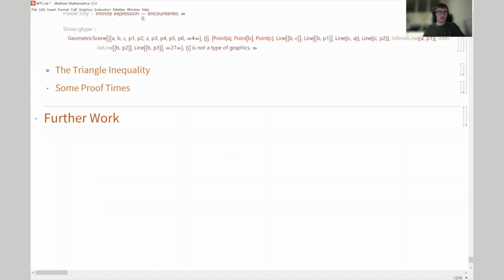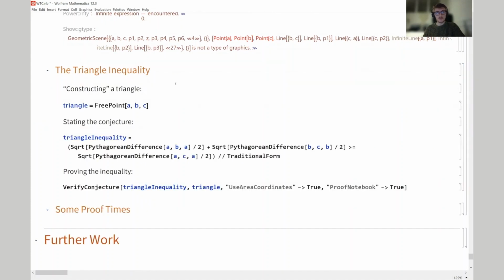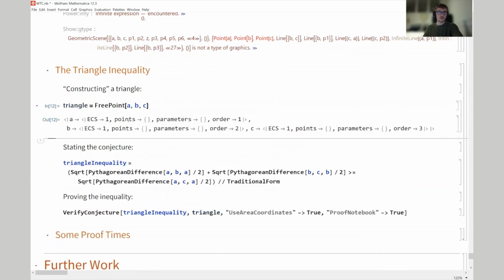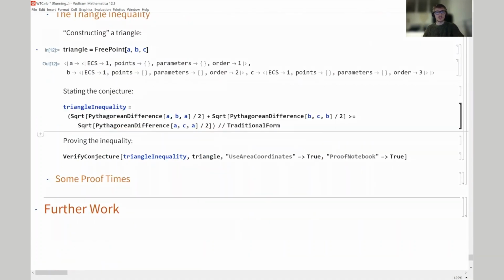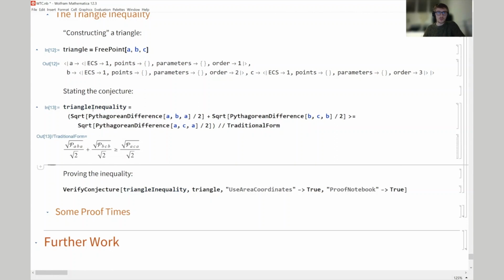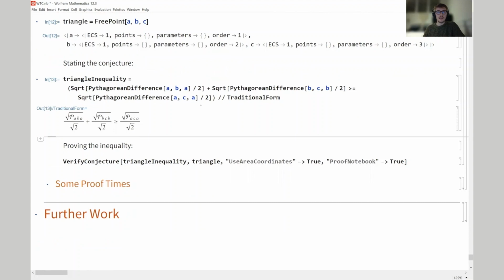Okay, what about some other examples? This is a familiar inequality, and I want to just show this quickly to show that our prover can handle inequalities as well as equalities. So we first construct a triangle, which is just 3 vertices. We state our conjecture, which is stated in this sort of awkward way, because remember, we don't actually have a distance function. And we can only use signed distances when talking about ratios of parallel segments.